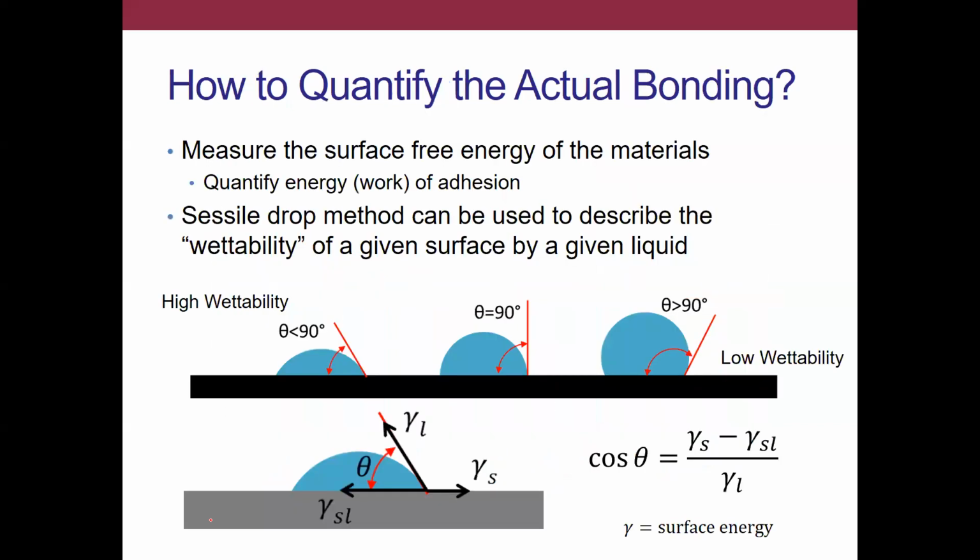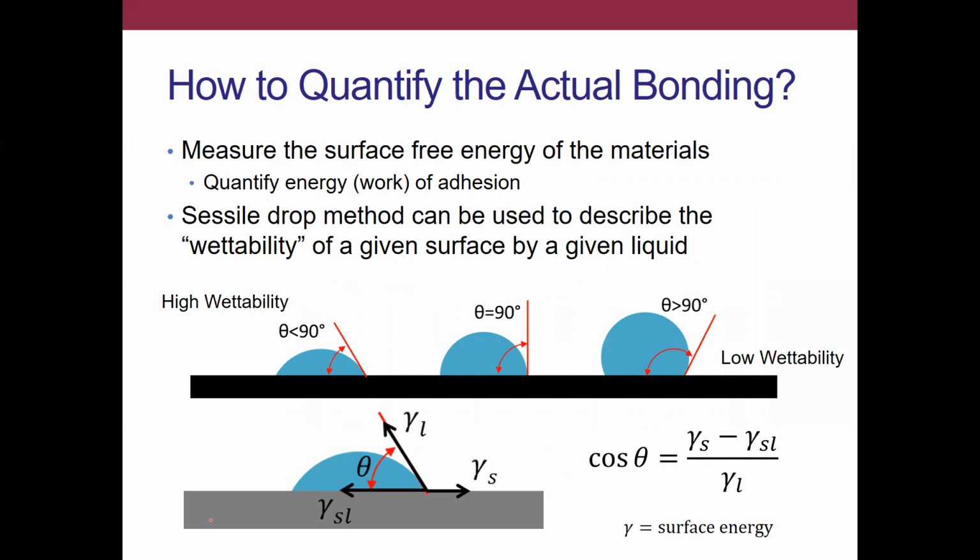That's where we quantified bonding using the sessile drop method. In this method, you drop a liquid of known properties onto the surface of your material, and you measure the contact angle.